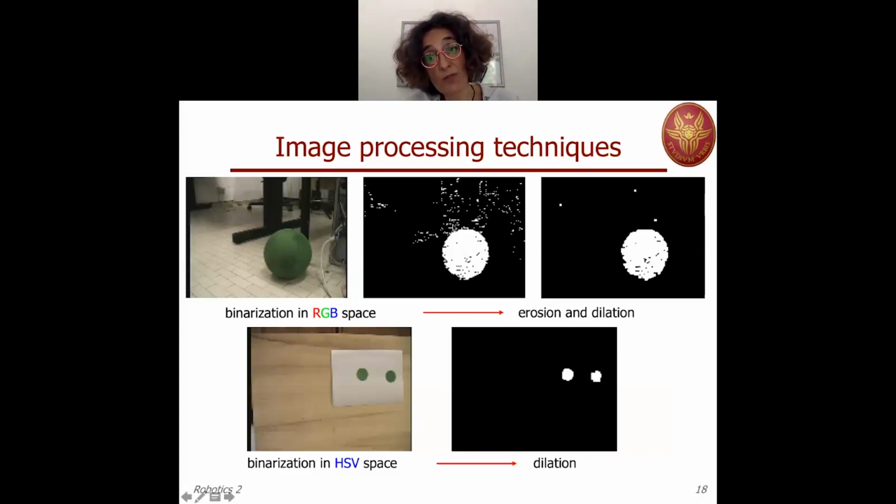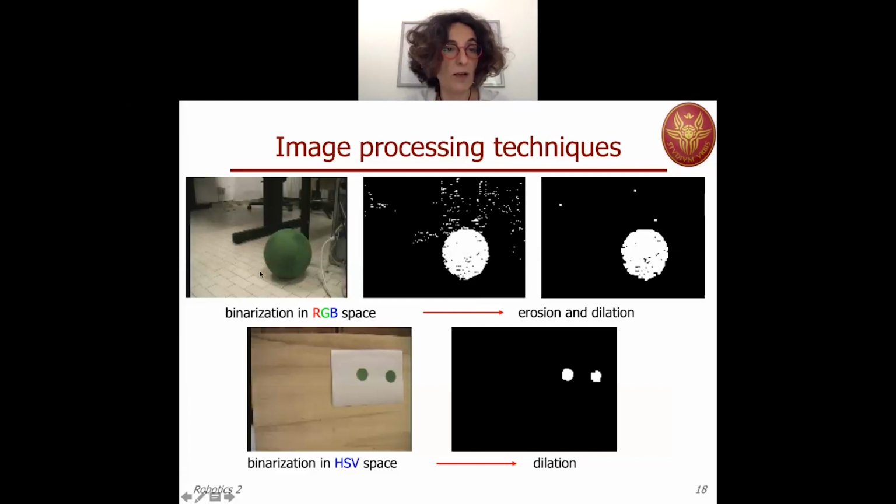After binarization, we can further refine the image through erosion and dilation operations. Erosion is useful to clean the image from noise, these pixels here, while dilation is useful to fill the holes that can appear after the erosion. So this is what we obtain here.